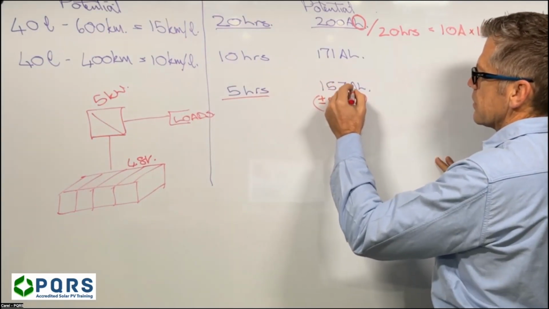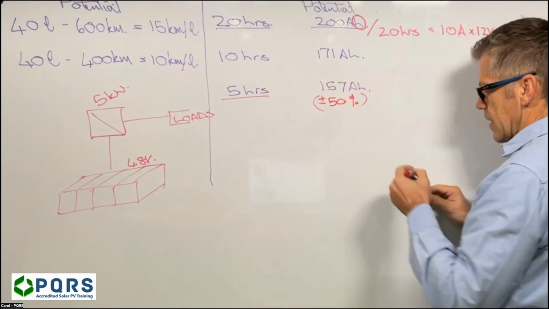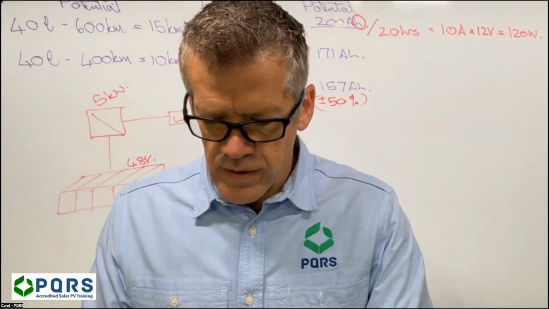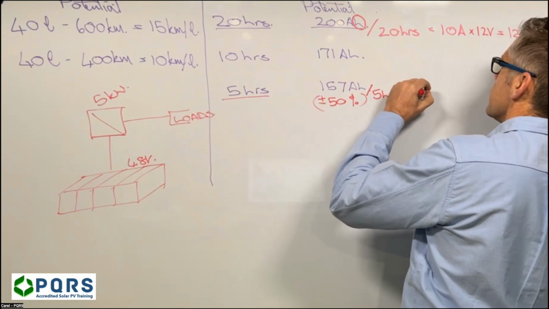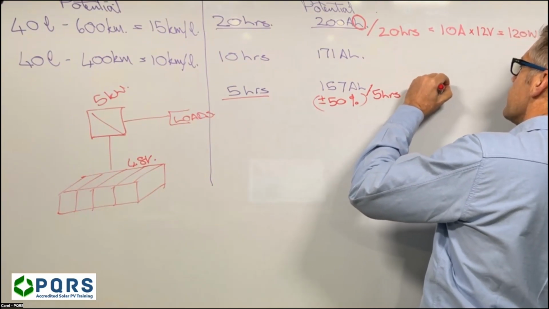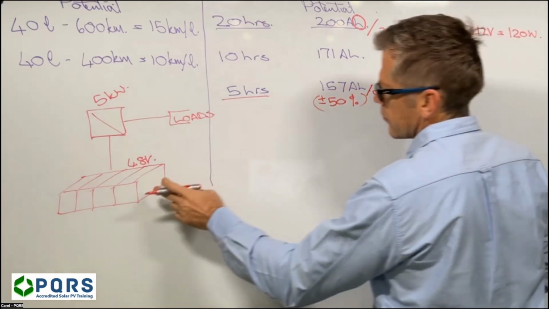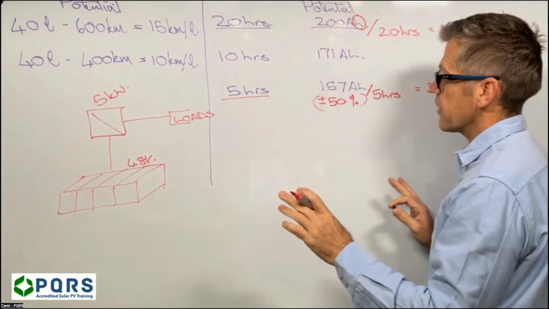So let's just look at what is happening here. 157 amp hours divided by 5 hours is equal to 31.4 amps. If we had 4 batteries, how would that be affected?